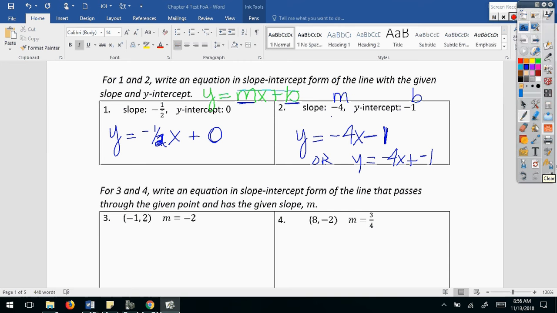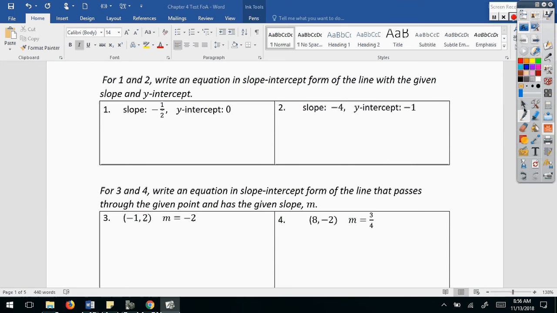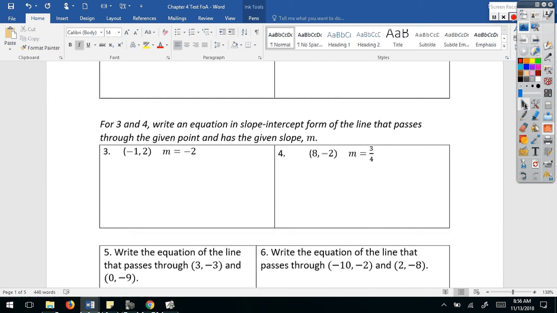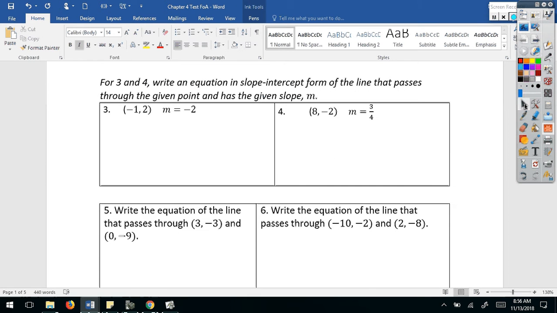Okay? Let's look at numbers 3 and 4. Number 3 and 4 ask you for an equation in slope-intercept form. This time, however, I have a slope and I have a point.